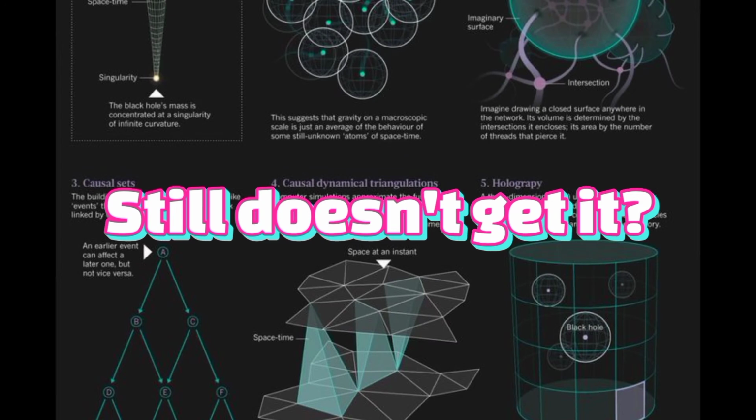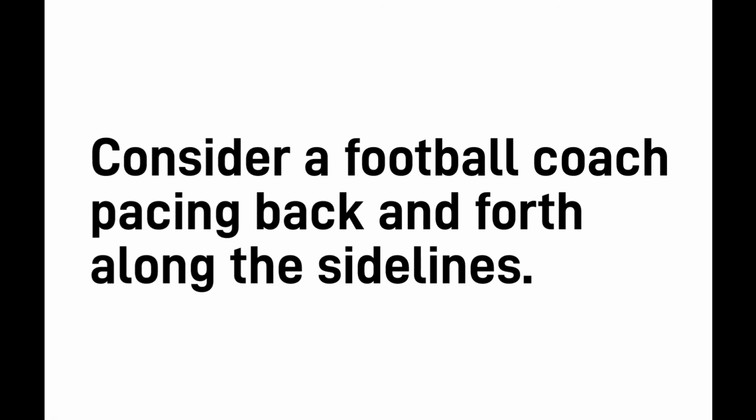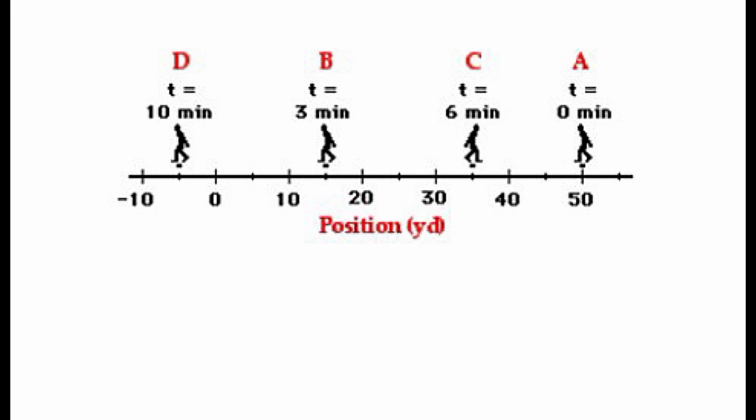Still doesn't get it? As a final example, consider a football coach pacing back and forth along the sidelines. This diagram shows several of the coach's positions at various times. At each marked position, the coach makes a U-turn and moves in the opposite direction.